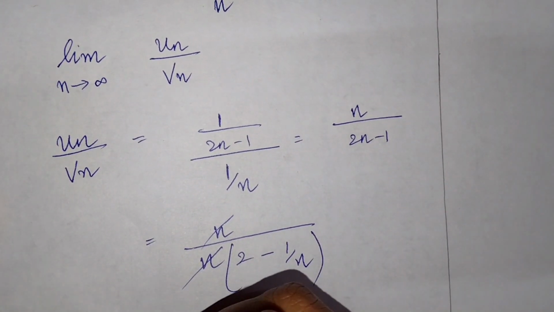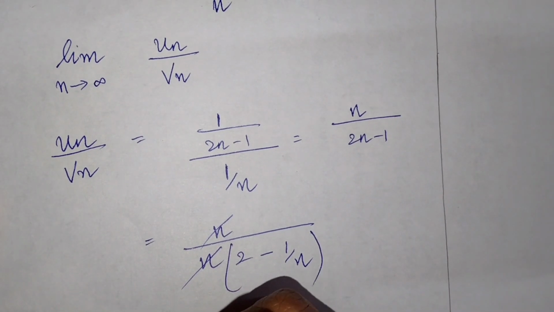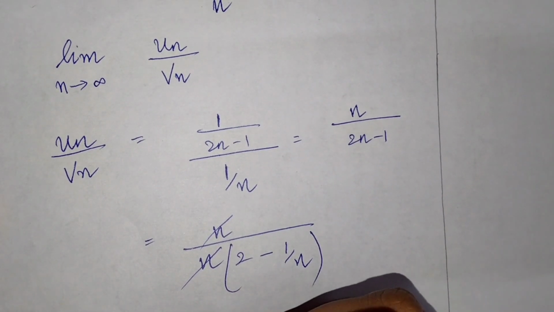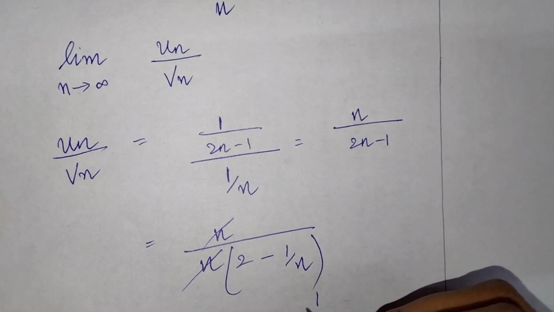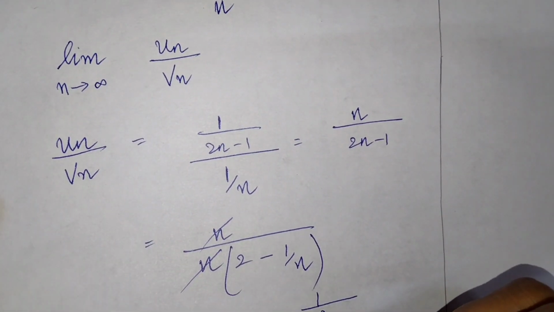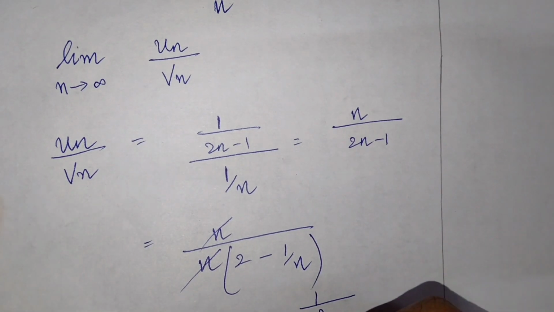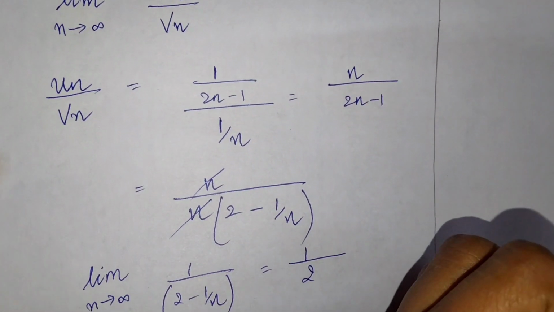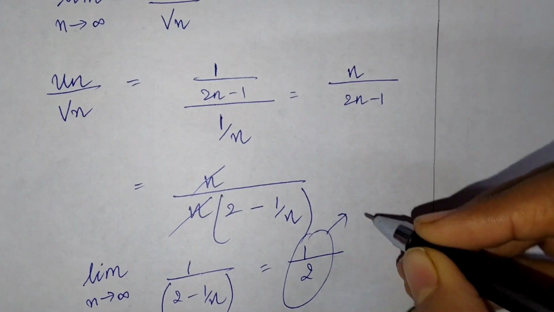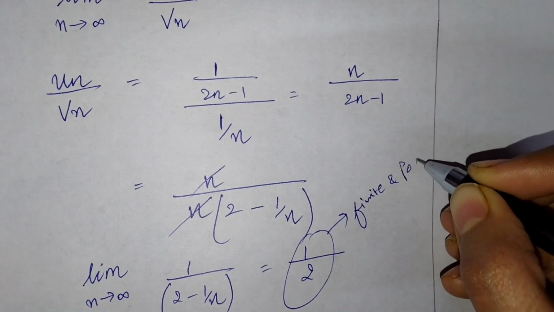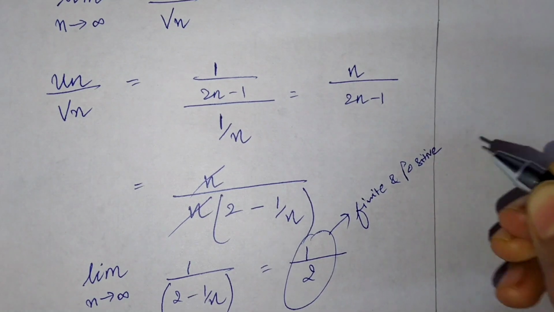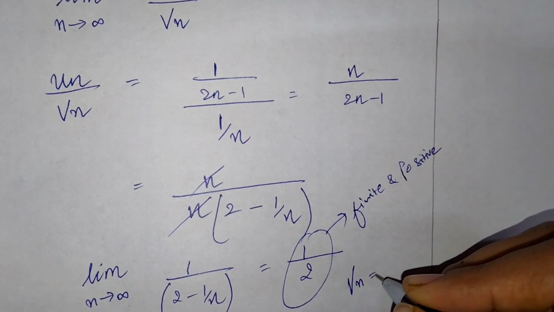Okay, and now if I put limit in this equation, that is 1 upon 2 minus 1 by n, then I will get 1 by 2, because here it will be 0. Okay, so here also I got finite and positive value, and as we got finite and positive value, Vn will be equivalent to Un.